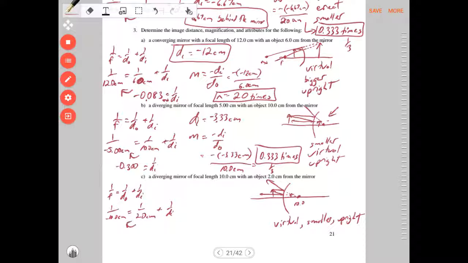That guy comes across, it becomes negative. Okay, so that is negative 0.60 equals 1 over di. So then di equals negative 1.7 centimeters.